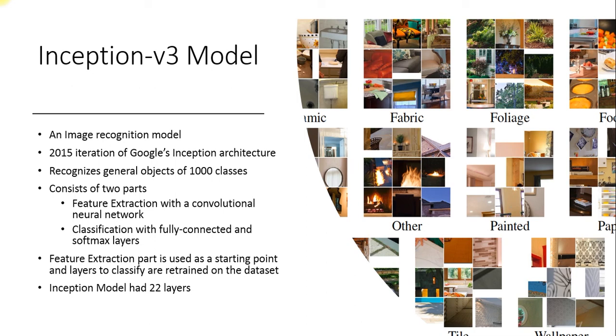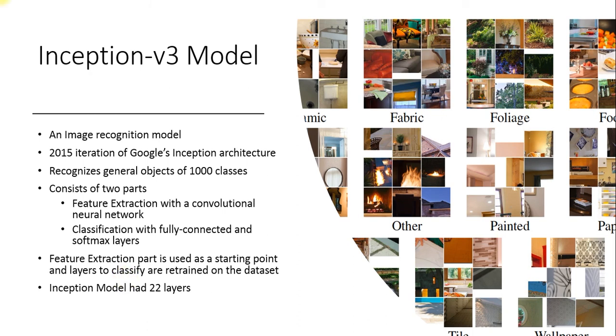Now, in the next lecture, we are going to work with something known as an Inception V3 model. As you know, this is not the only model, but I think this is a pretty good model. It's an image recognition model, and it's built on Google's Inception architecture. It recognizes general objects of 1,000 classes, and it carries out feature extraction with convolutional neural networks, and then the classification is carried out with the fully connected and softmax layers. The feature extraction portion is used as a starting point, and layers to classify are retrained on the data set.